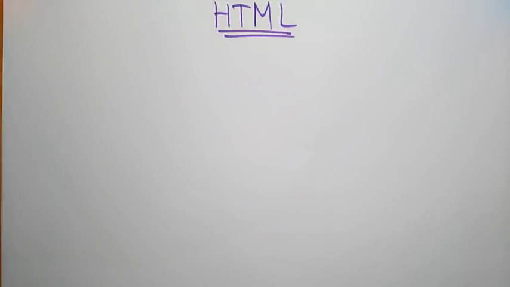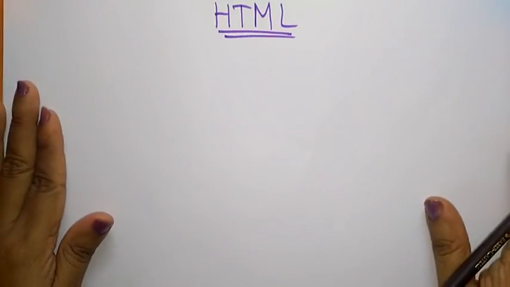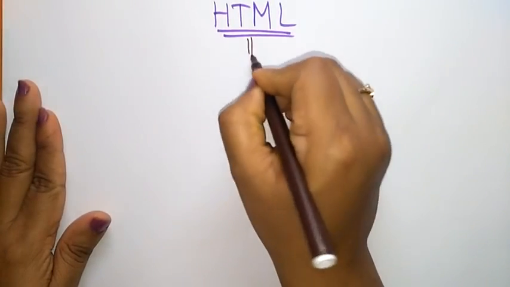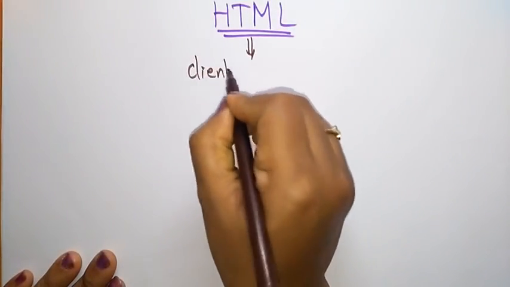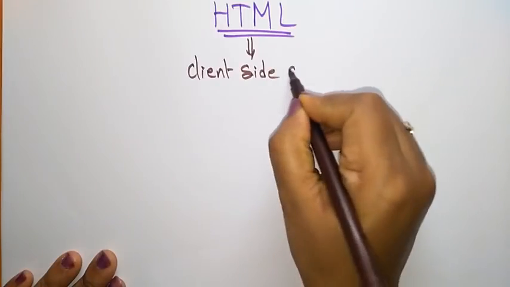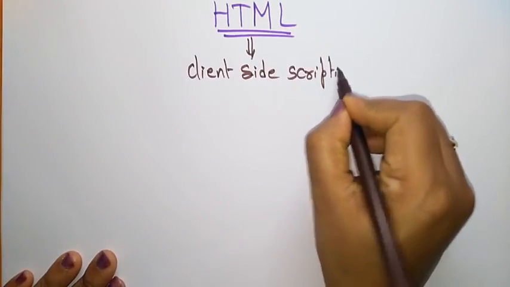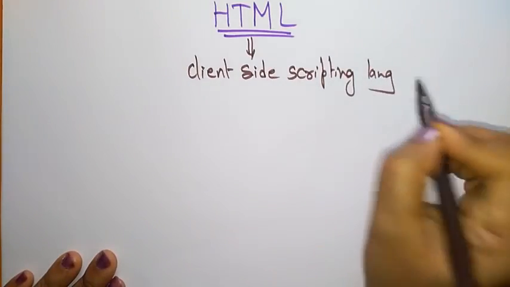Hi students, coming to the next subject, that is HTML. So this HTML is a client-side scripting language. The one thing you have to remember is that it is a client-side scripting language. This is not a programming language.